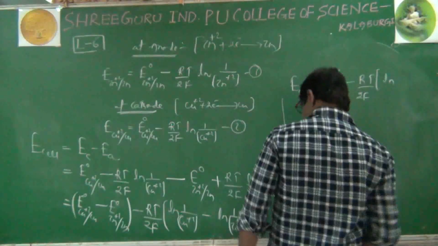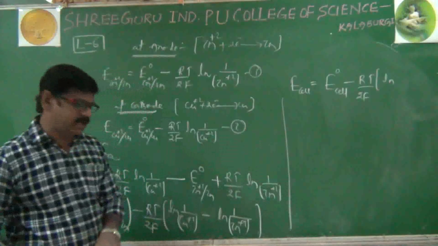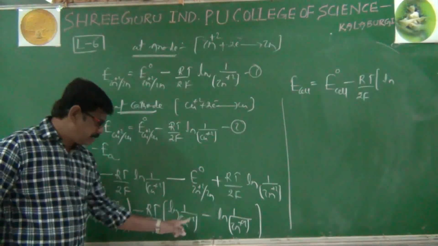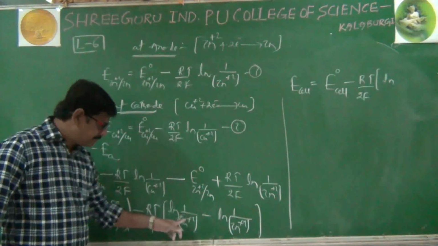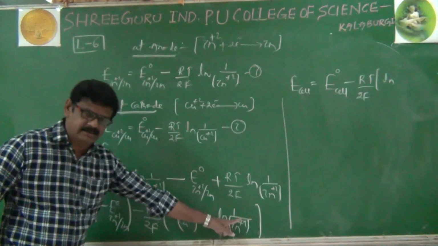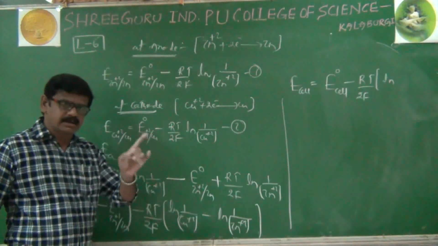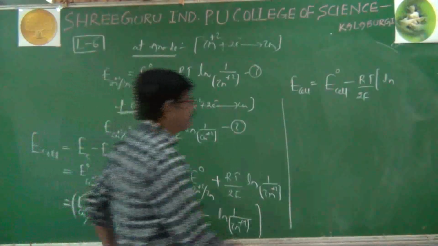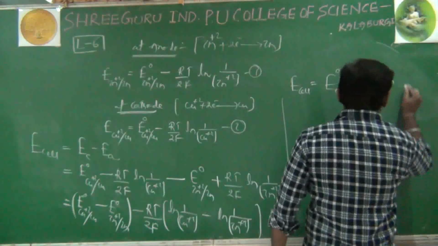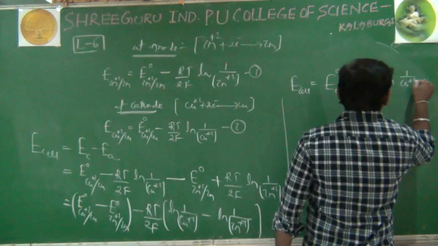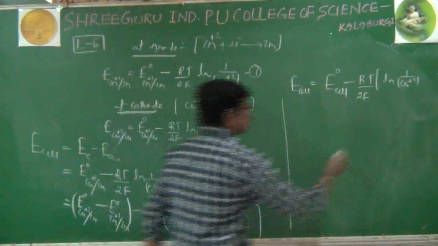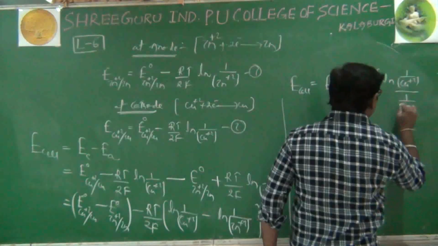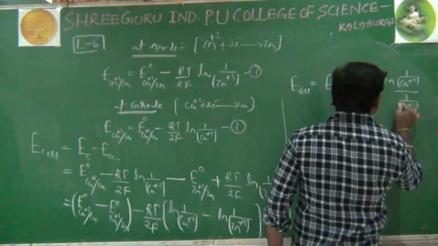Then see here, one more formula: ln m minus ln n equals ln of m by n. Therefore, m is 1 by Cu²⁺ and n is 1 by Zn²⁺.